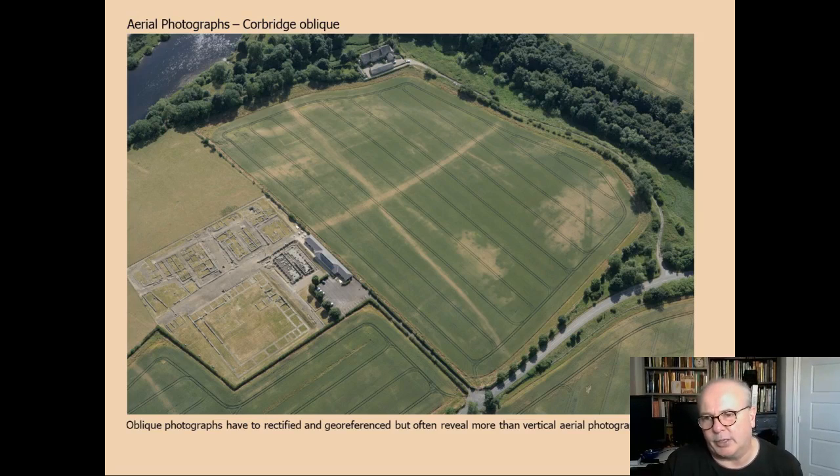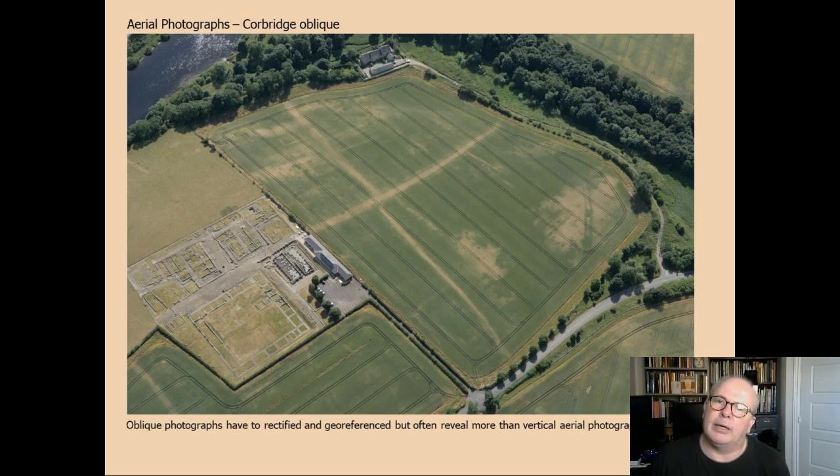This is the museum and the car park. And you can also see here in the sort of right-hand side of this field, these parallel lines, and they represent a track that runs across the corner of the field, and that actually might not be Roman, that might actually be part of a medieval system. And then at the bottom of the field here, you can just about see some of these right angles, and these are the remains of some of the Roman buildings that are surviving.